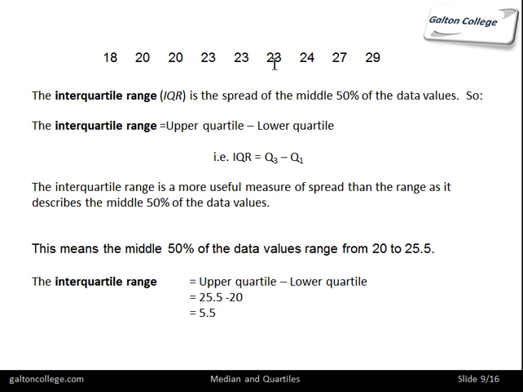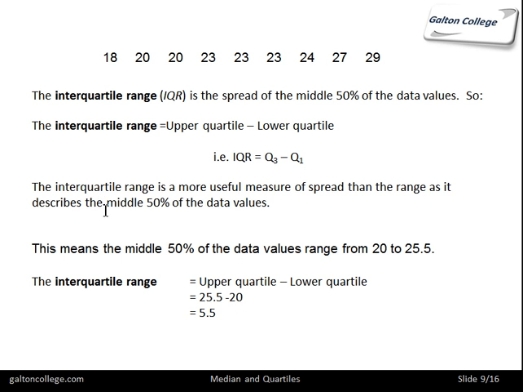The reason we do that is because sometimes in data sets we have extreme values, outliers. The extreme values may lie over here somewhere, so just chop them off. They're unusual pieces of data, and they're not typical of the data set. So the interquartile range is Q3 minus Q1.